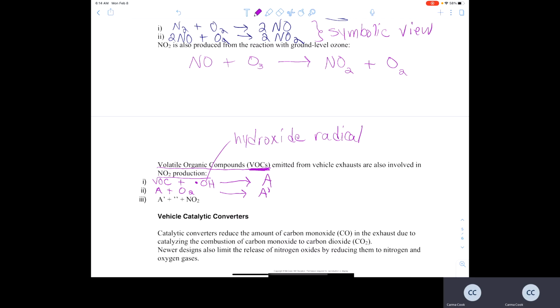And then A prime reacts with NO. We'll rewrite this one. So A prime then goes on to react with the nitrogen monoxide that's formed from N2 and O2 reacting in the hot car engine and produce another intermediate, A double prime, plus the NO2 product.